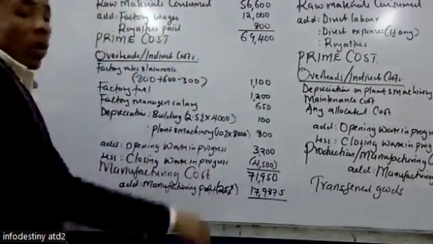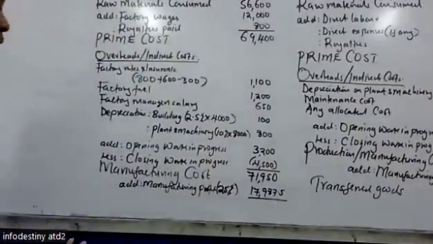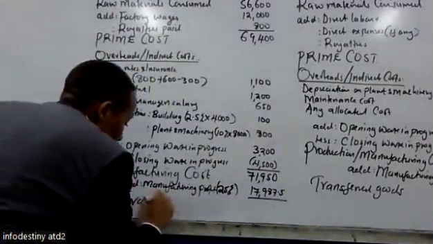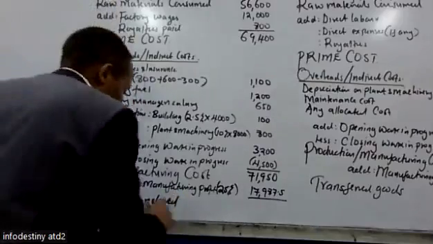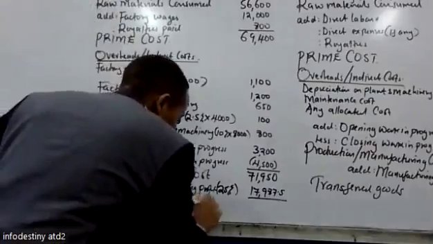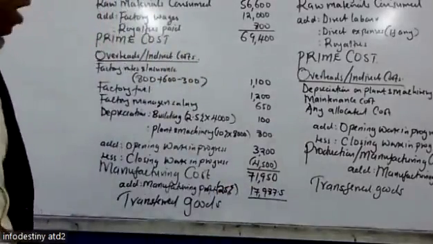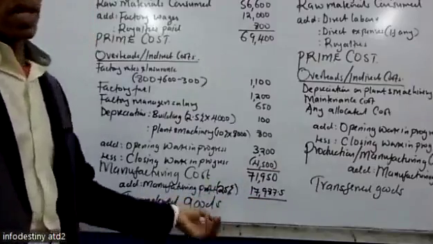Then we add it to the total cost and it will give us the selling price under the transferred goods. Selling price equals cost plus profit, transferred goods. This is the selling price under the amount of sales.